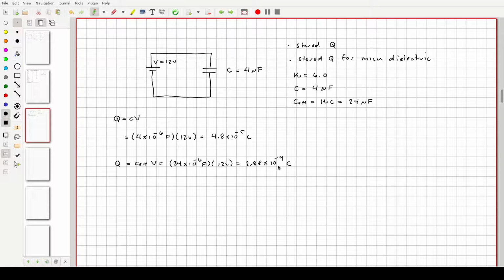So as you can see, you can store a tremendous amount of charge between the plates with the addition of this dielectric, assuming that you don't violate the strength of the electric field. When you violate the strength of that electric field, or that maximum, if you will, then things break down and you have some serious issues.